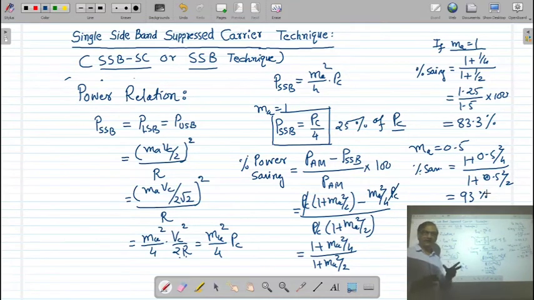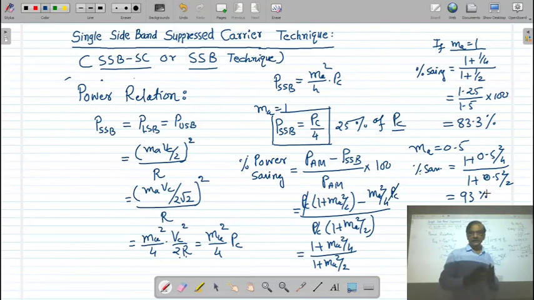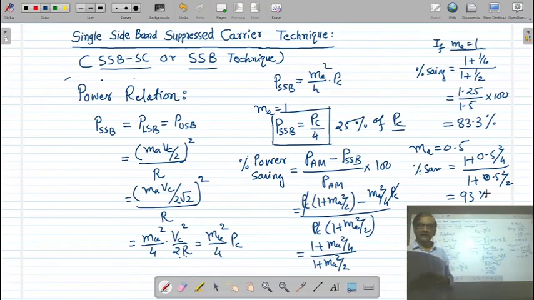So, in this way, the SSB technique has two advantages: the required power is very small, only 1/6 of the total power is used for the transmission, and another advantage is that the bandwidth of the system is also less, and that is only fm.